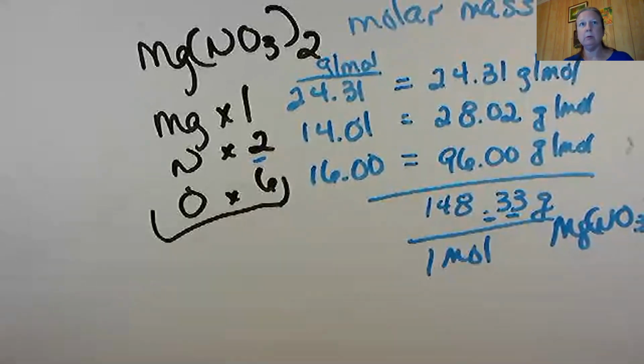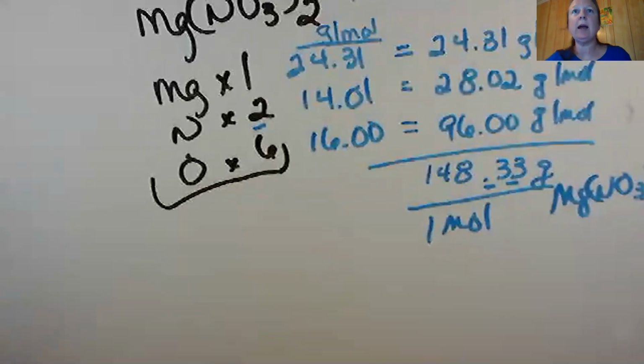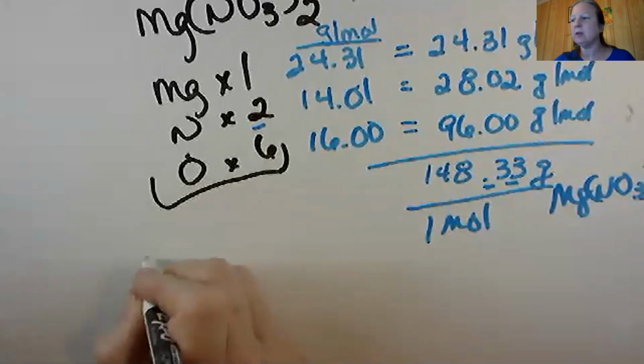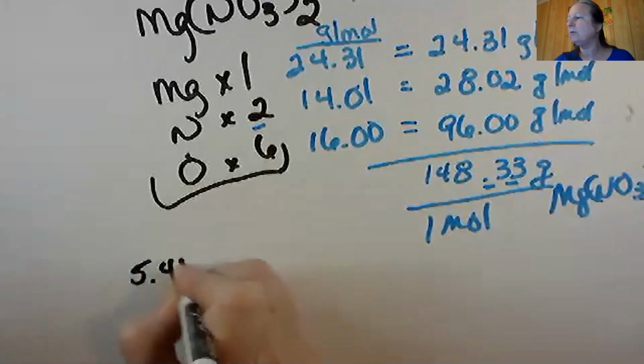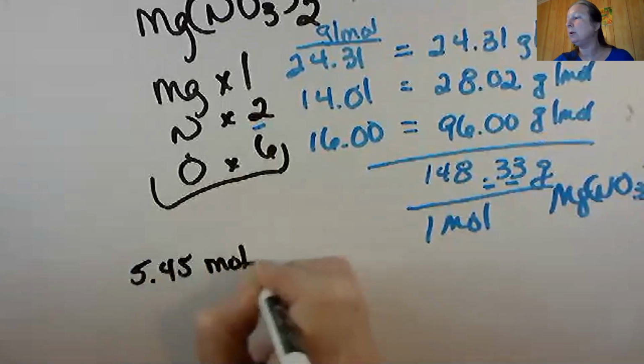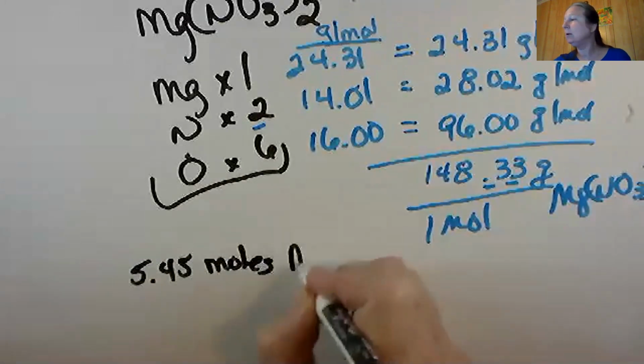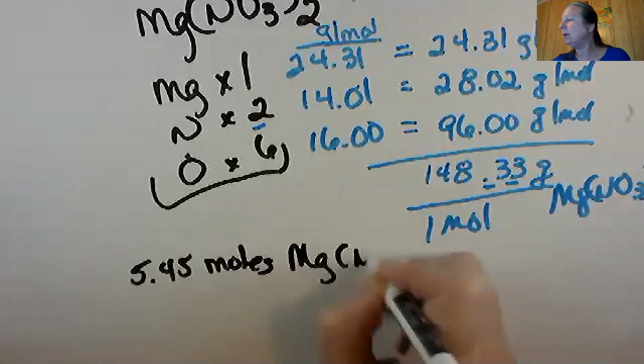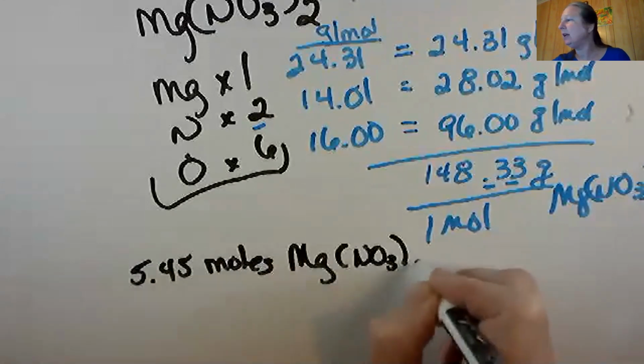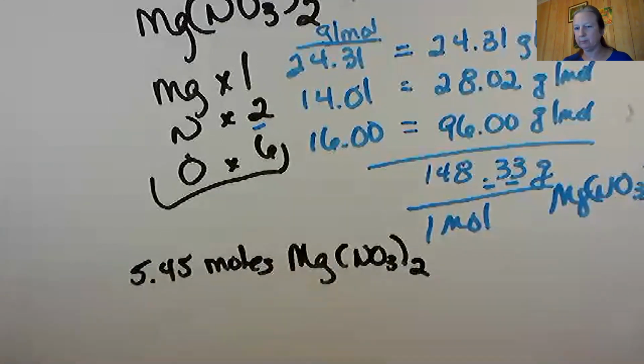So write down what you have, and according to the slide, I have 5.45 moles. This is a unit. You have to include it. As long as you are talking moles, you can exchange almost anything that has a relationship.